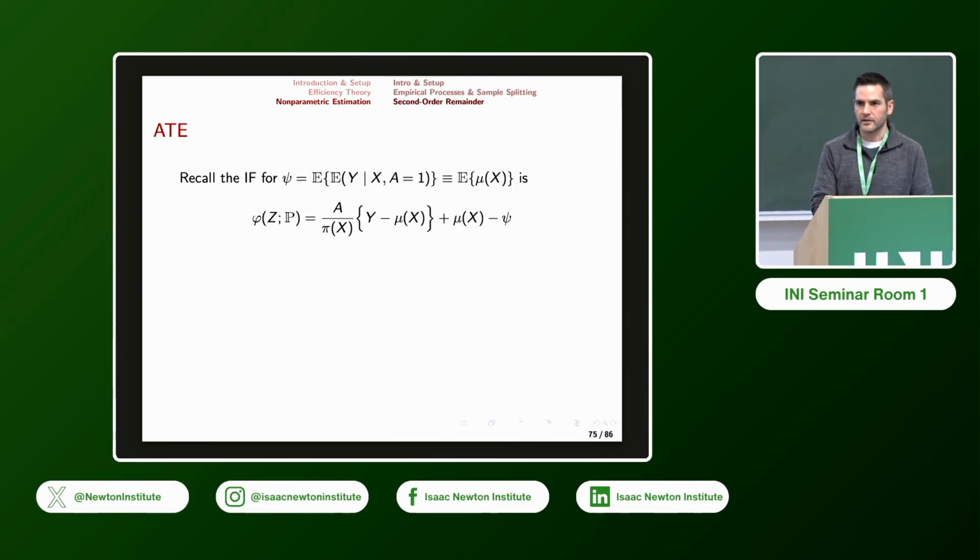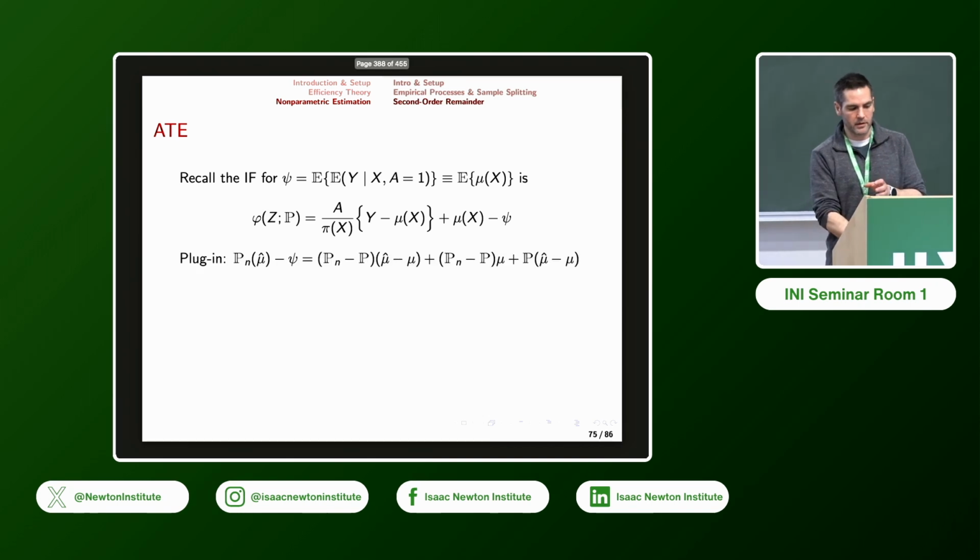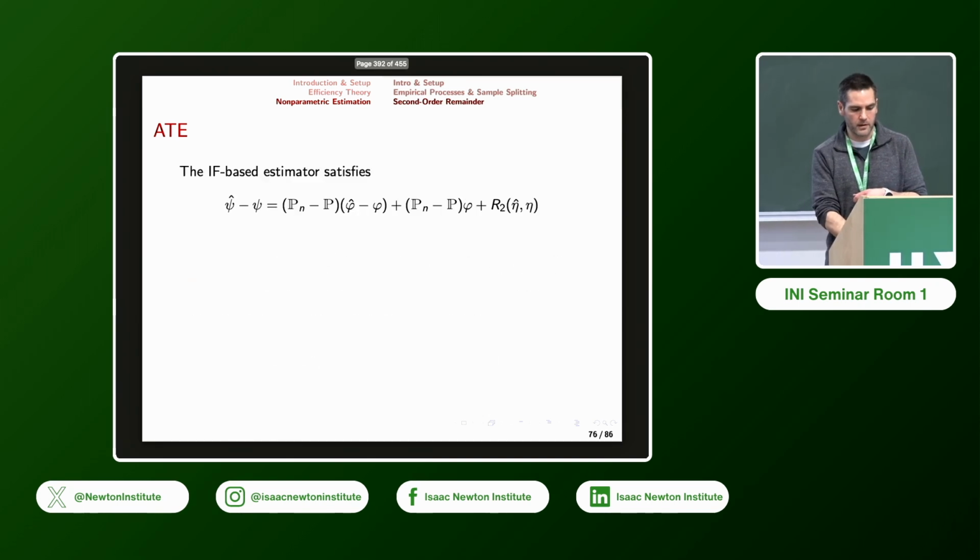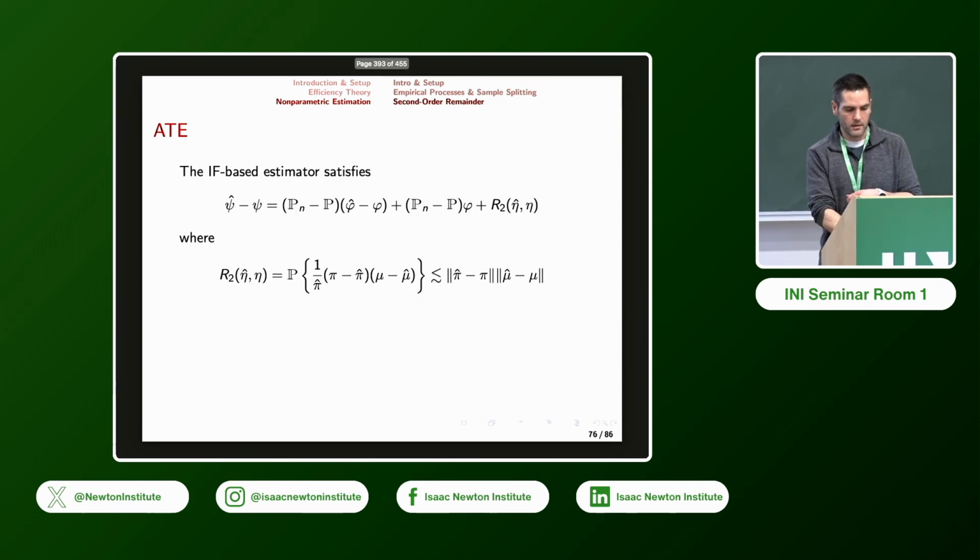For the average treatment effect, something nice happens, which is the remainder looks like a product instead of a square, and that's why we say this is doubly robust. So now we don't necessarily need n to the minus one-quarter rates for both of our nuisances. So for example, if you're in an experiment and you know pi hat, you know your propensity score, you could plug that in, and this remainder would be 0.